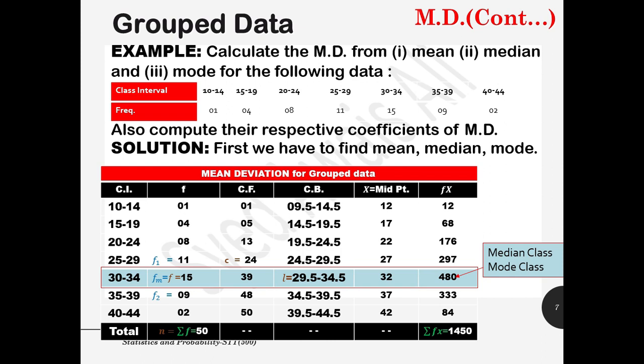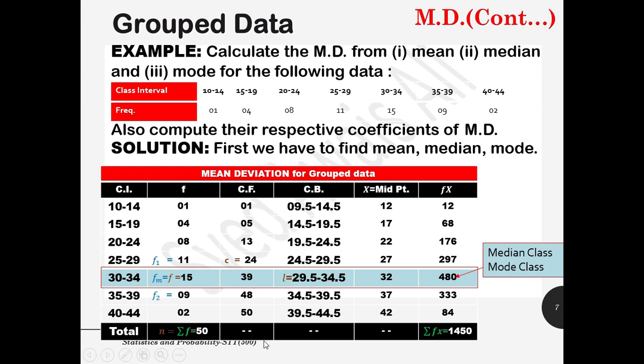Your maximum frequency will be fm. So fm is also called the frequency of the modal class. Then we have f1, the frequency preceding the modal class frequency, that is 11 here. Then we have f2 as the frequency following the modal class frequency, that is 9 here.